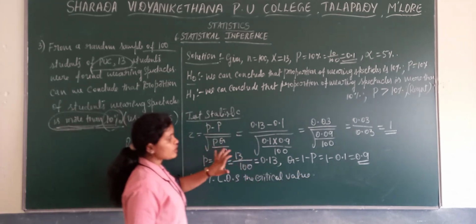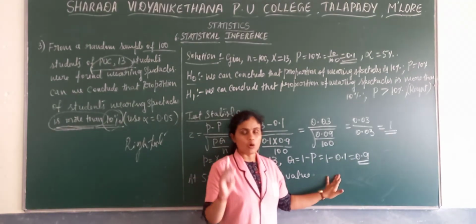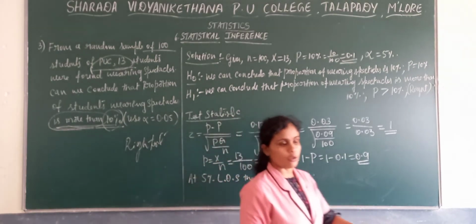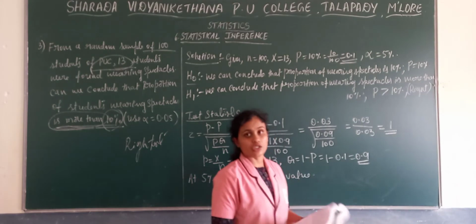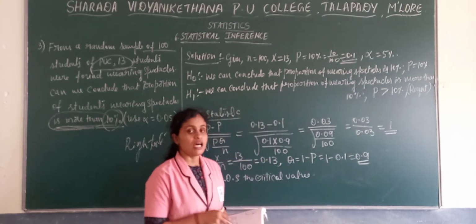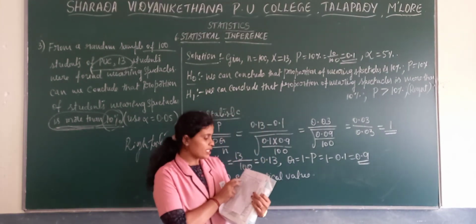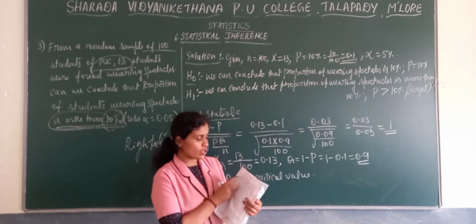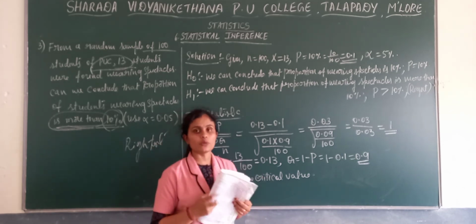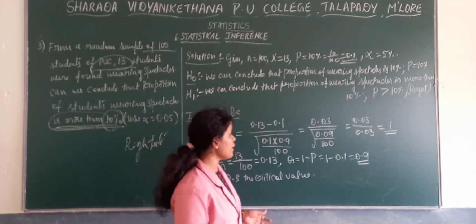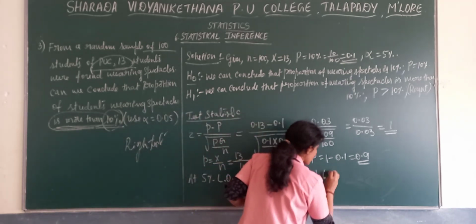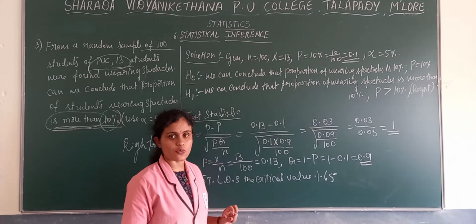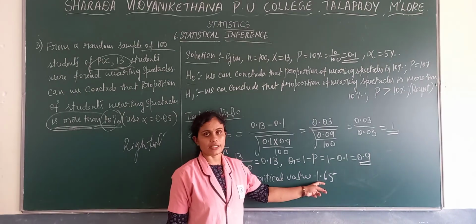We know that if it is a right tail test, we get one value, and that value is positive since it is right tail. Now see the table there. One tail test, 5%. You get the value as 1.65. Take the table value 1.65, positive 1.65 since it is right tail.